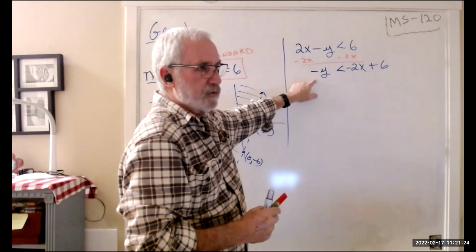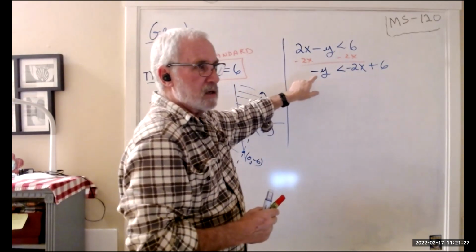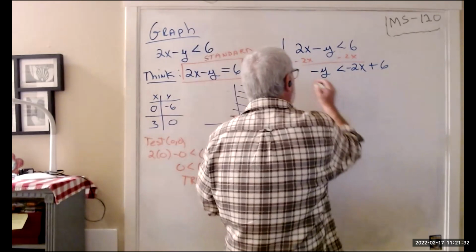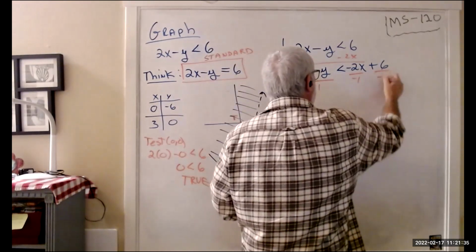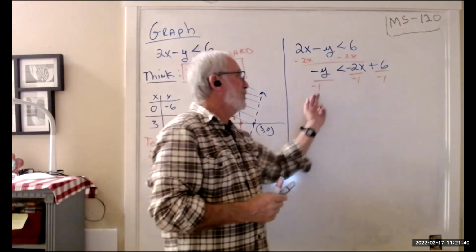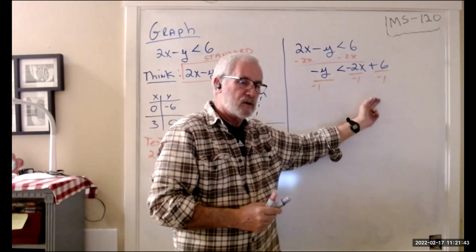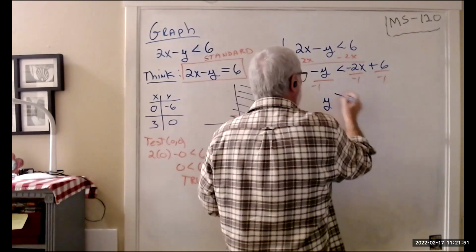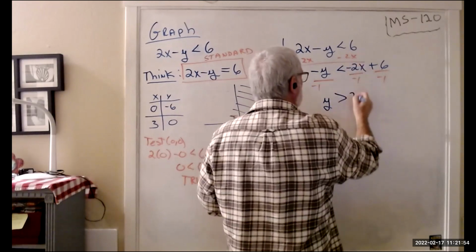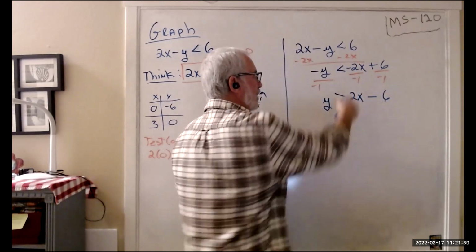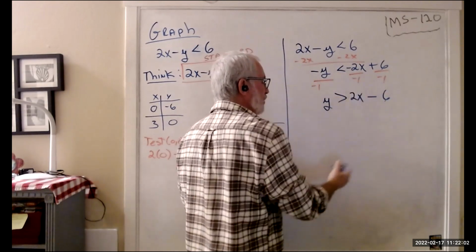You've got to get rid of that negative, so you divide each side by -1. But what happens in an inequality when you divide both sides by -1? What happens to that inequality symbol? Flip it. So you end up with y greater than 2x minus 6, because a negative divided by a negative is a positive.